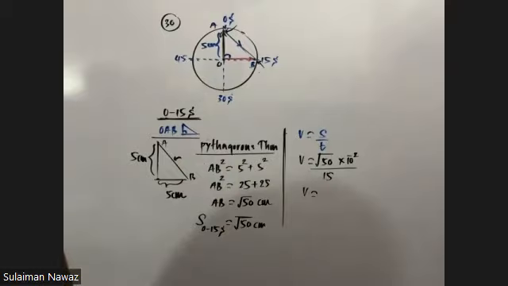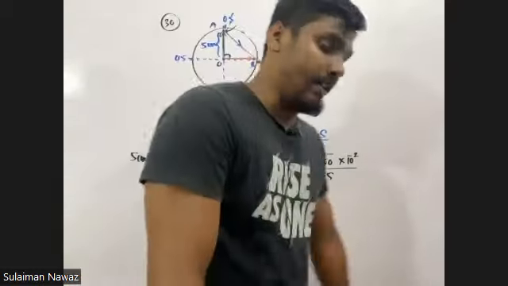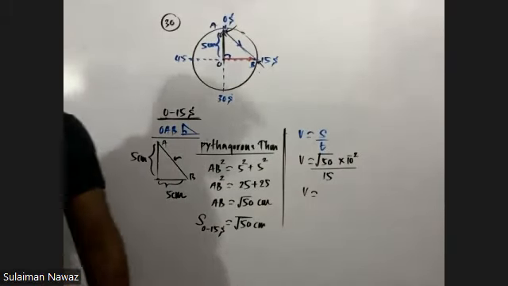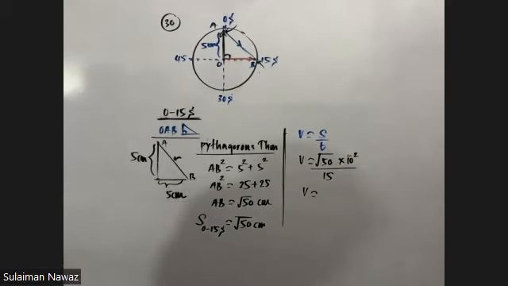What is the value of root 50, anyone? Just put it in the chat box if you got the value of root 50. 0.07. Any other answers for root 50?